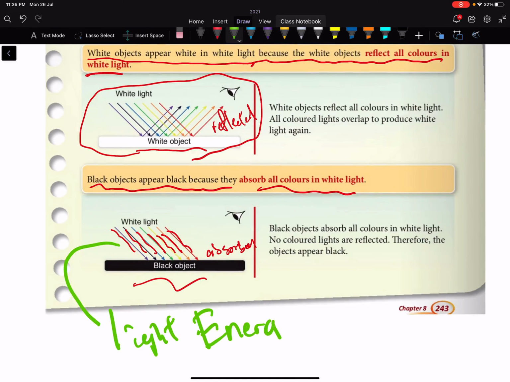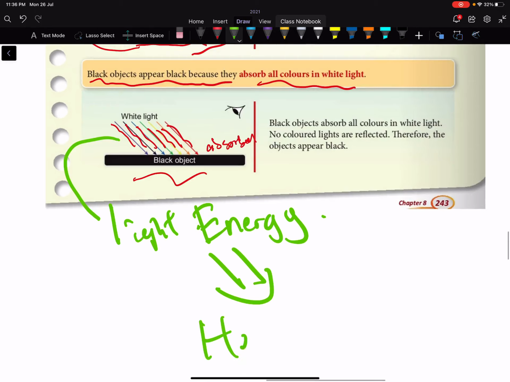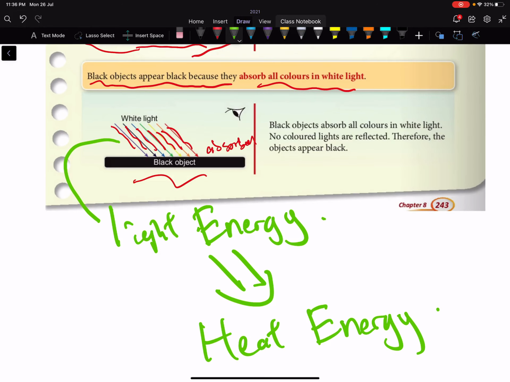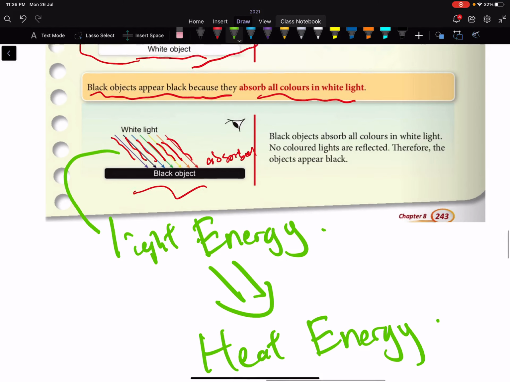So all this light energy will be converted into heat energy. So the more light energy you absorb, for example in a dark object, the more of that energy will be converted into heat energy.